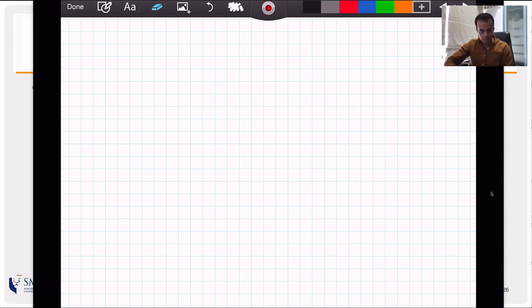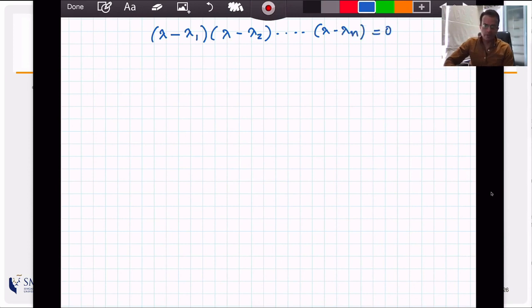So the characteristic polynomial is a polynomial in lambda. So if I have (lambda minus lambda_1) times (lambda minus lambda_2) times all the way up to (lambda minus lambda_n) equal to 0, and if I were to expand the factors there, I would get a polynomial of order n.